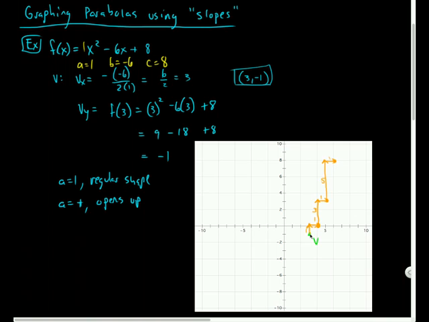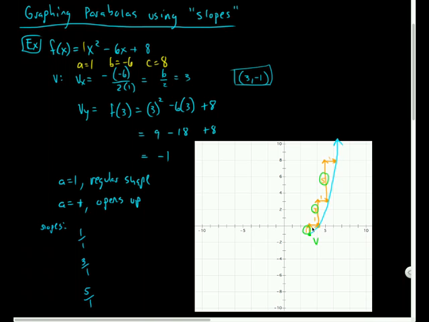And I could find all sorts of points on the parabola using the fact that these consecutive odd numbers will be the rises for the slopes when I start at the vertex. Okay, so I just want to point out that 1 over 1, 3 over 1, and 5 over 1 were my slopes, all right? And so I was able to find those points, and then I could draw the parabola through those.